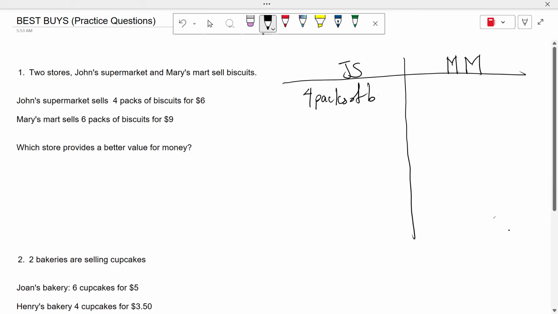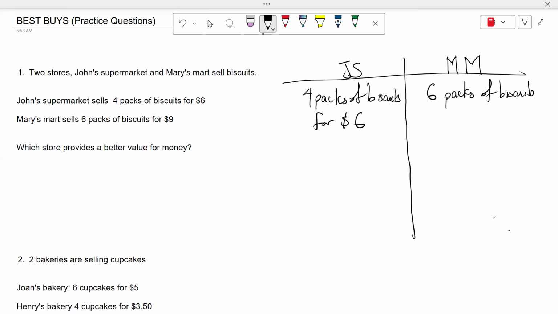And Mary's Mart sells 6 packs of biscuits for $9. Fair enough.